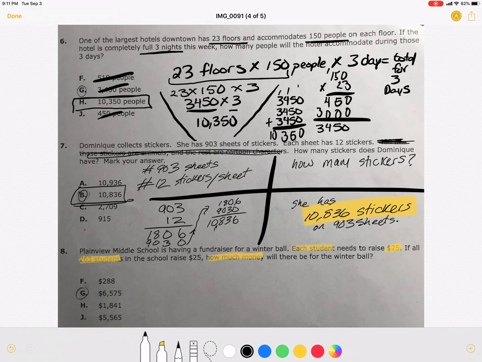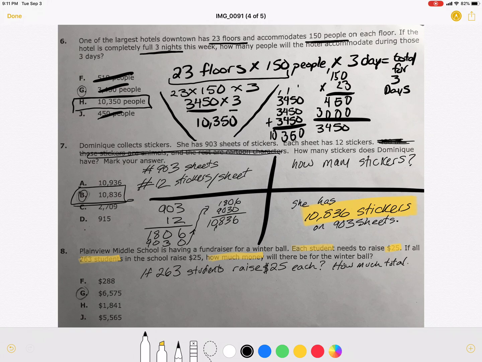So, I'm not going to use the window pane this time. I'm going to do this a little differently. If 263 students raise $25 each, how much total?